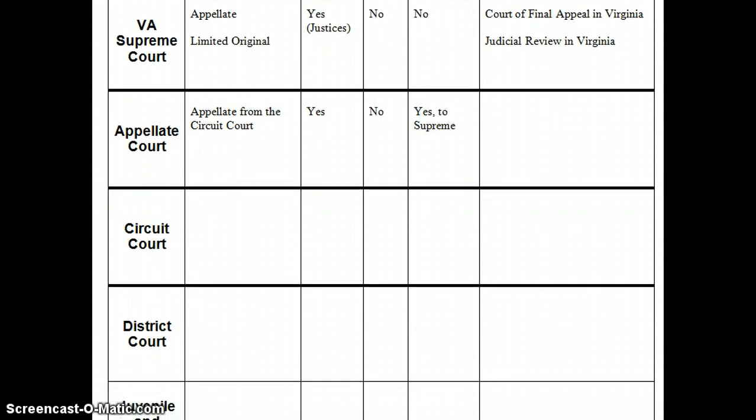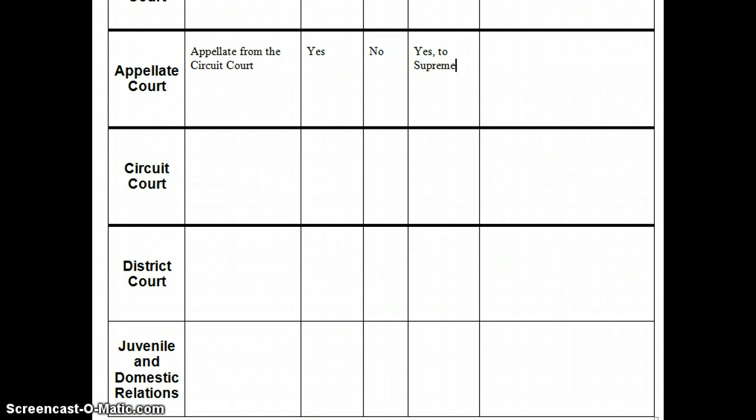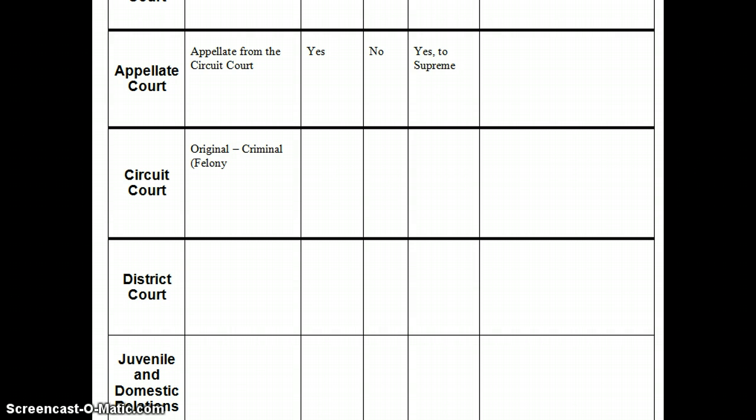Okay, let's go ahead and look at the circuit court. Now, the circuit court has original jurisdiction with criminal cases that are felonies. And it also has original jurisdiction with high dollar civil cases.